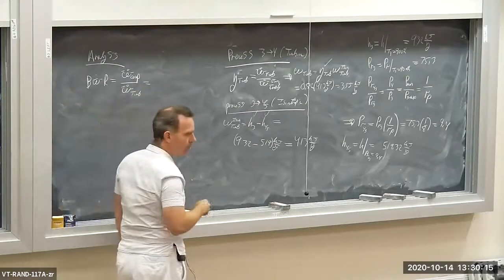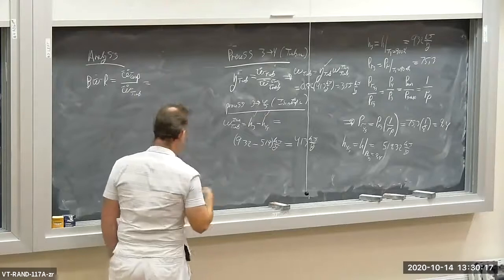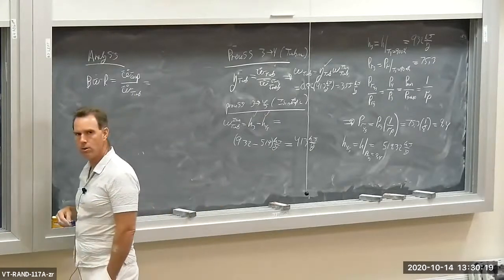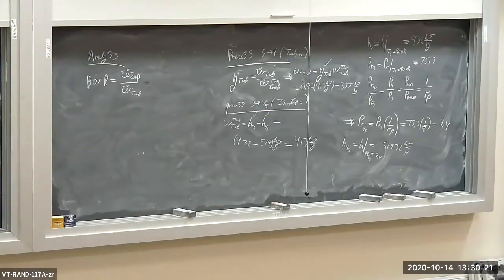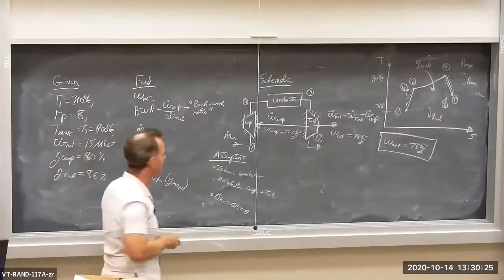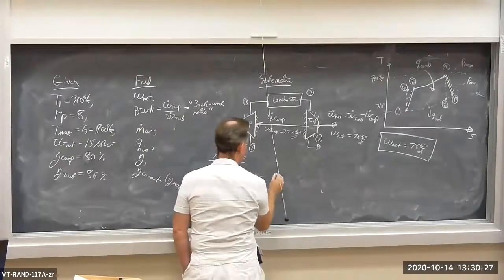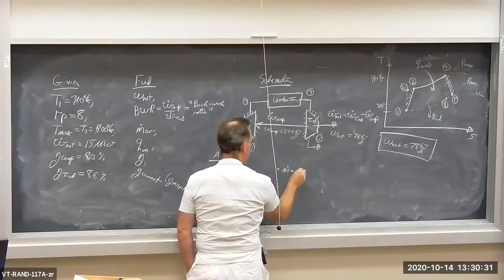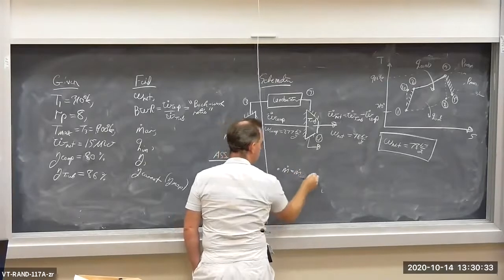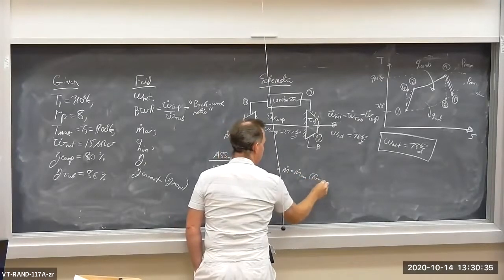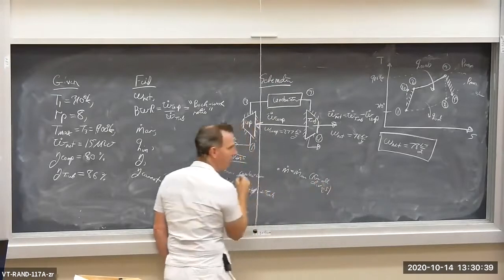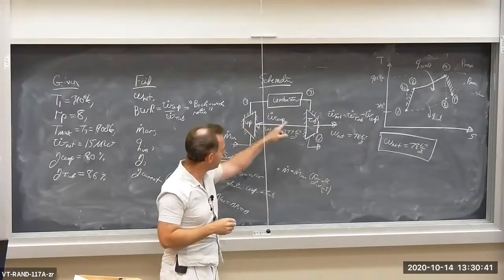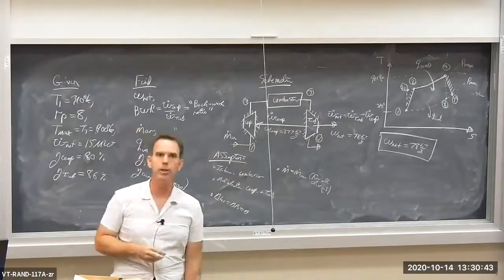And we can divide top and bottom by M dot for the air. In fact, I had to write the assumption down here. We are assuming that the airflows are the same throughout the device. So I'm going to write here M dot equals M dot air for all devices. Why might that not be true? Why might the mass flow be different in the real world in these devices?